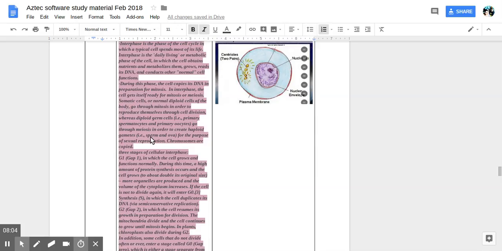So they go through meiosis to create haploid gametes. The gametes are called sperm and ova for the purpose of sexual reproduction. So haploid gametes combine and recombine their genetic material to form the offspring cell, or the zygote.